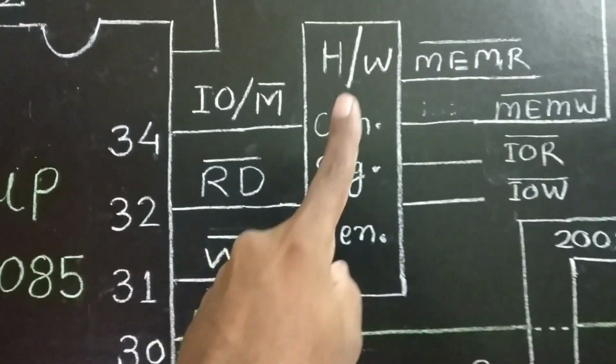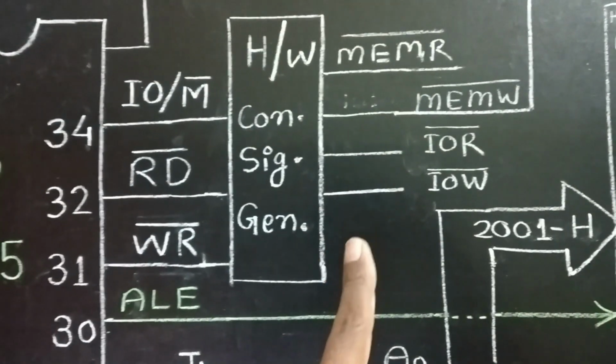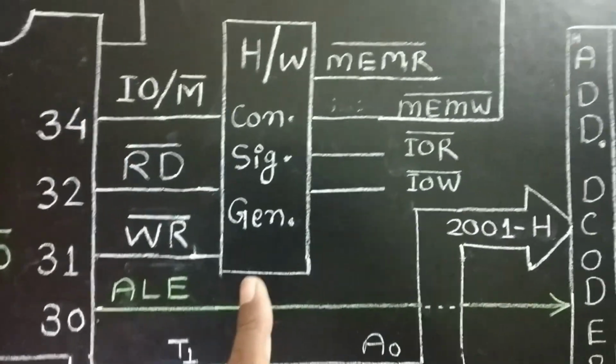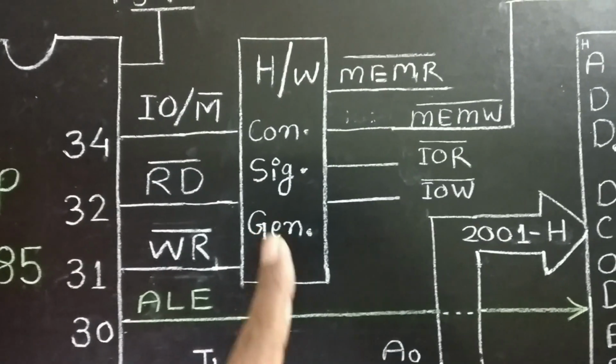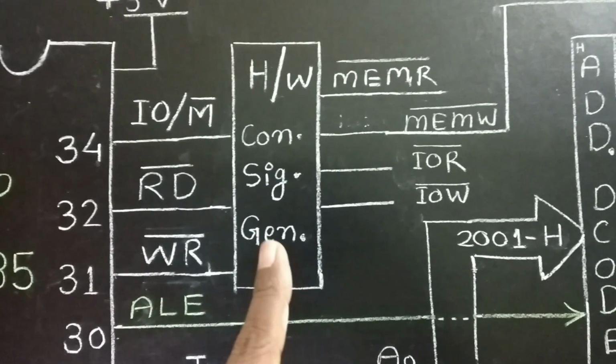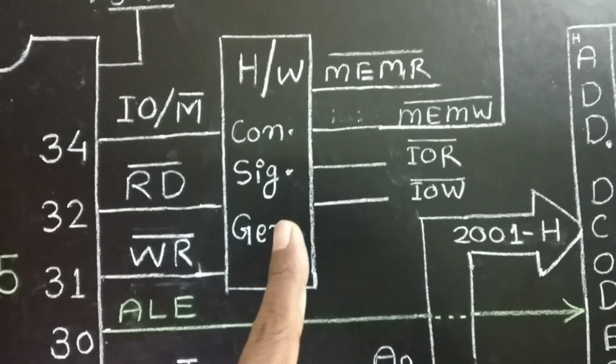For the hardware for control signal generation, as we have seen, we can use a 3-to-8 decoder, or different ICs, say 74LS32 or 74LS04, for generating the control signals, which we have already explained.